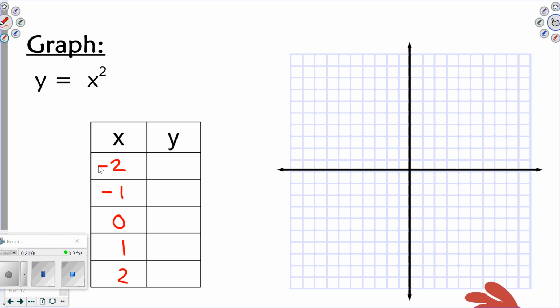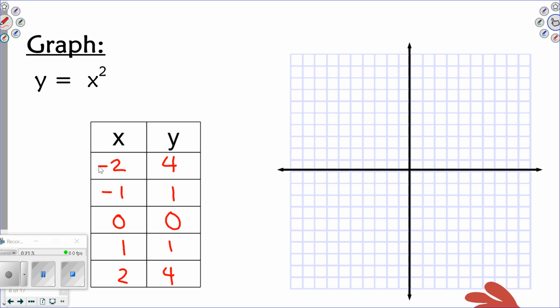All right, so let's practice graphing a little bit here just by some XY tables. So if we plug this in, what is -2 squared? It is 4. What's -1 squared? 0 squared? 1 squared? 2 squared? All right, when you're making XY tables, it doesn't matter what you plug in, right? You can plug in any number you want.